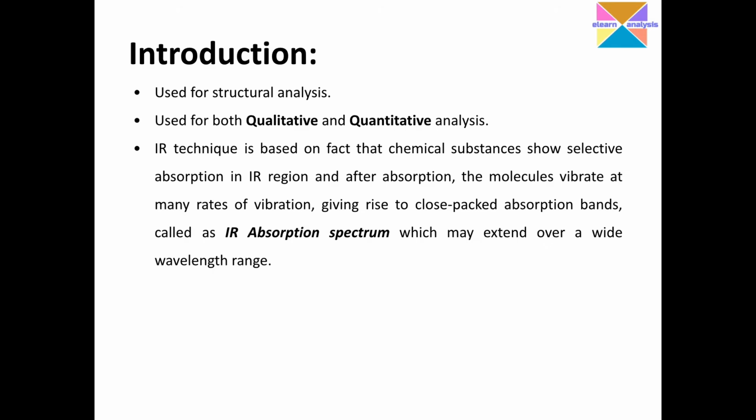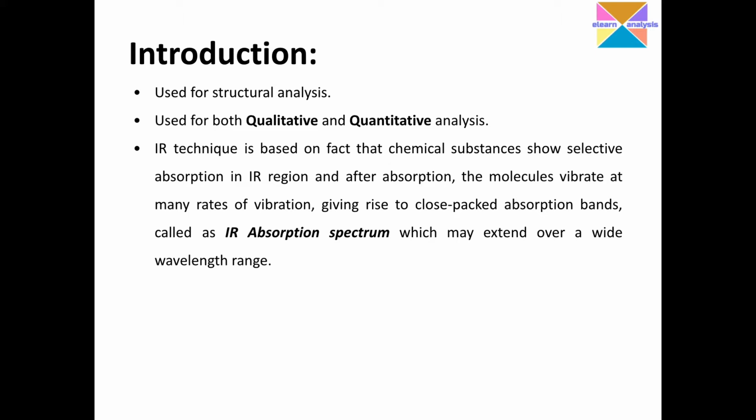So, first going through the introduction of infrared spectroscopy. As we have seen, ultraviolet and fluorimetry are both used for analysis of the structure of a chemical compound. Similarly, infrared spectroscopy is also used for structural analysis.